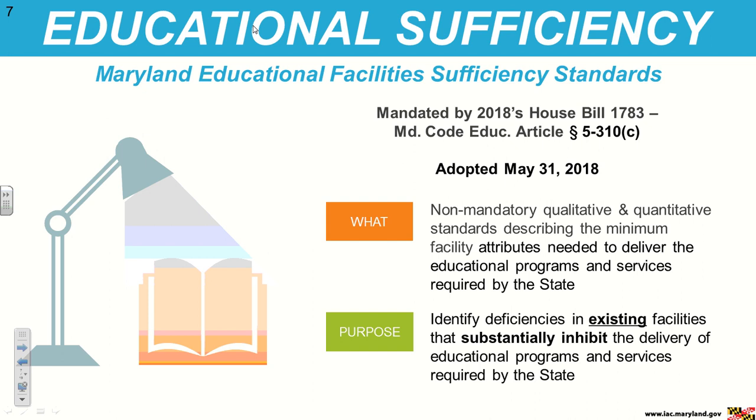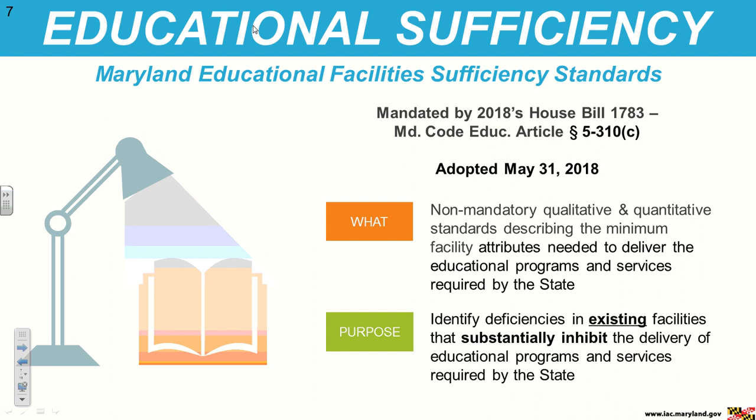These standards were created by a thorough collaborative process over 2 years. They are non-mandatory, qualitative and quantitative standards describing the minimum facility attributes needed to deliver educational programs and services required by the state. These standards are based upon traditional practices of educational delivery.